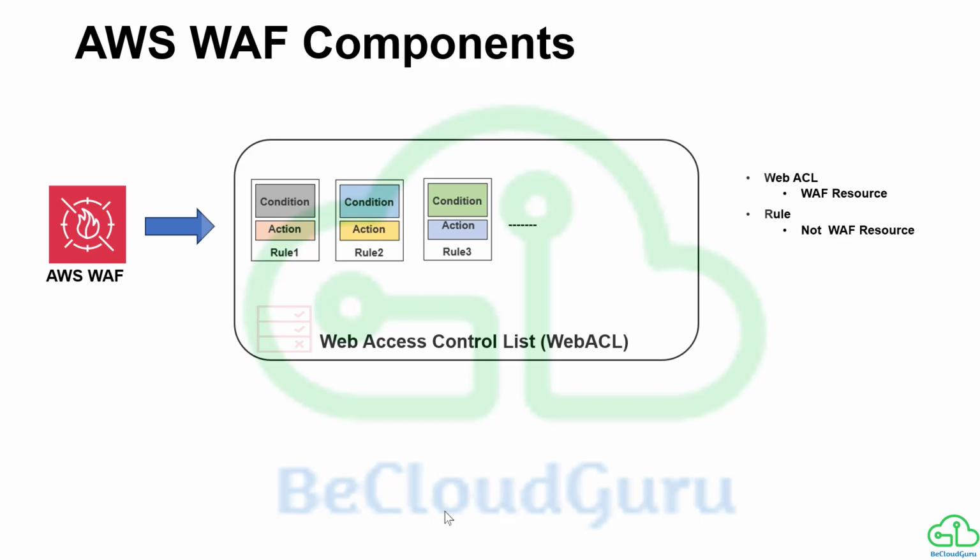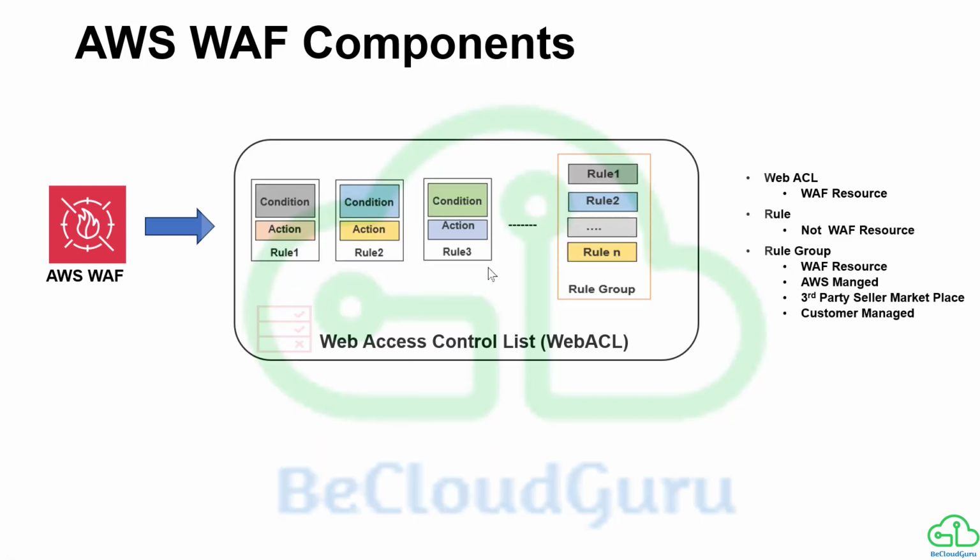You can configure it to block or allow the matching request, or count them, or you can also throw a captcha or a challenge before the request is allowed or blocked. Now this Web ACL can contain these individual rules, or these rules can be clubbed into a set of reusable rules called rule groups, where these rules work together as a group.